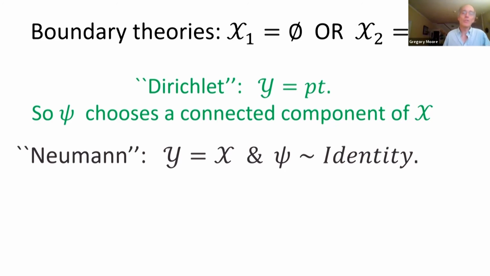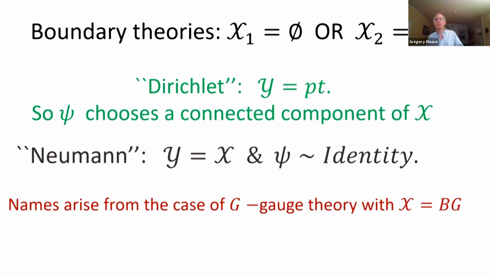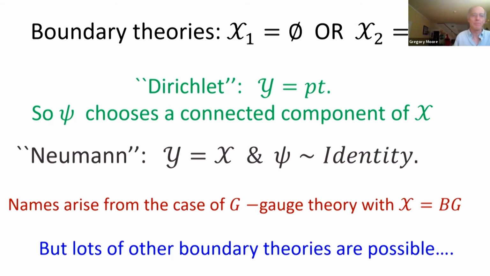And those are good names, because if we specialize to our target space X as BG, in other words, doing G gauge theory, then if you work it out, these really are Dirichlet and Neumann boundary conditions for gauge theory. But now, lots of other boundary theories are possible.